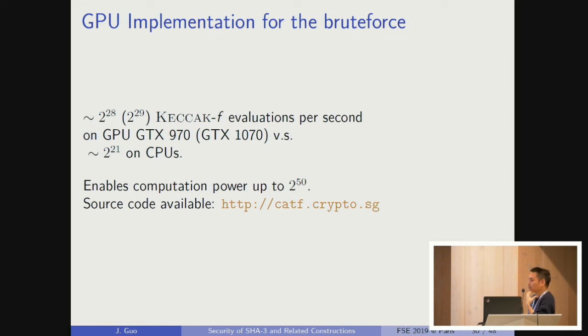So that's roughly 100 times faster than CPUs, and they are very cheap, actually. One of these cost us around 500 Singapore dollars, roughly 300 euros 3 years ago. This enables us a computation power of up to 2^50. The source code of the GPU implementation is available on our group website.